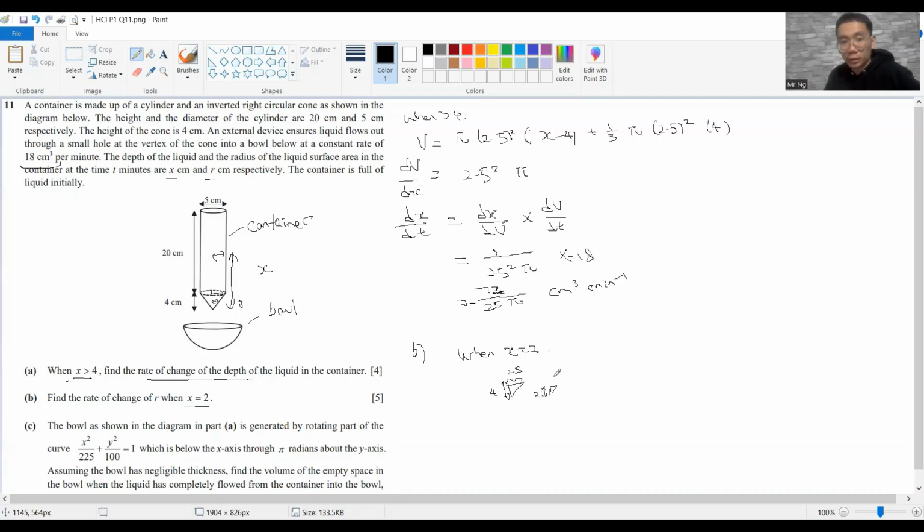Now this is the new radius. So the volume is pi r squared x. But x is known, so x equals 2.